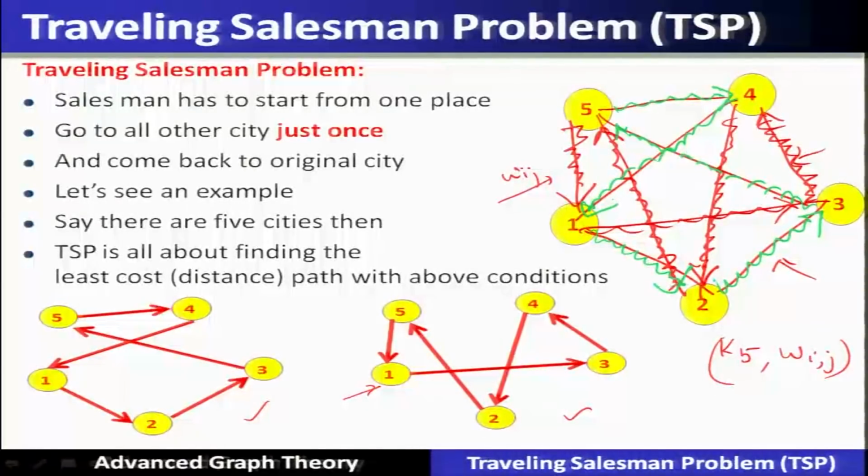So, the traveling salesman problem is about finding the least cost path, so that all the cities are visited exactly once and it returns back to the same point.